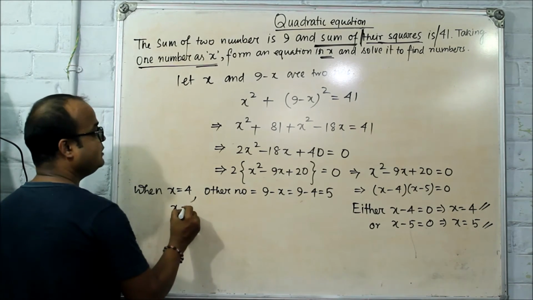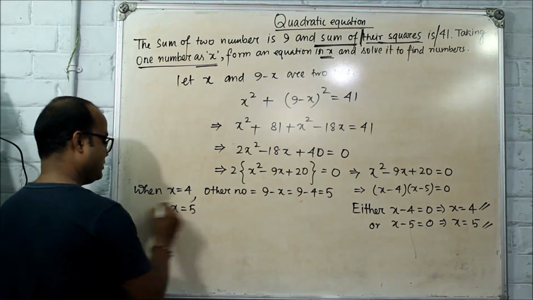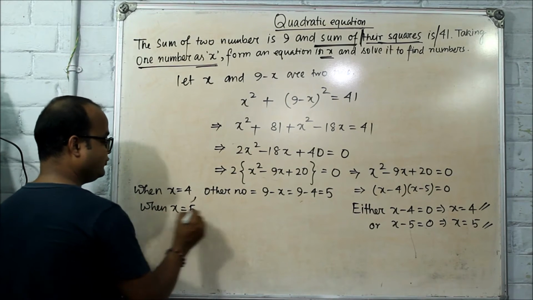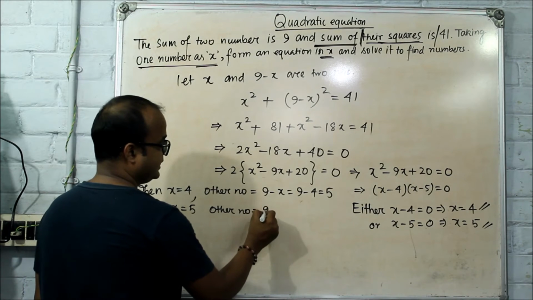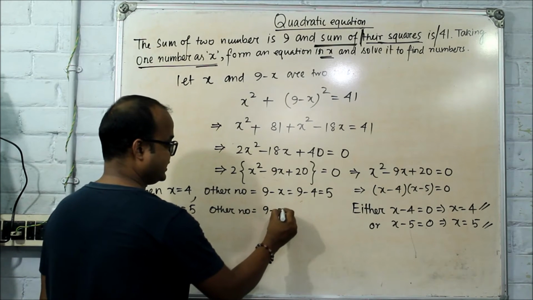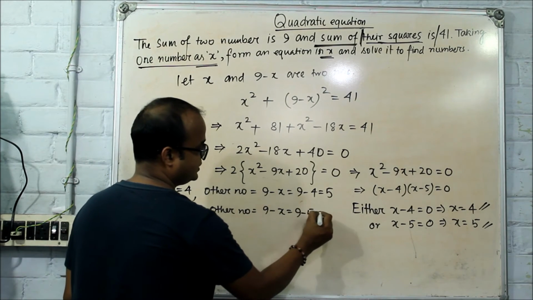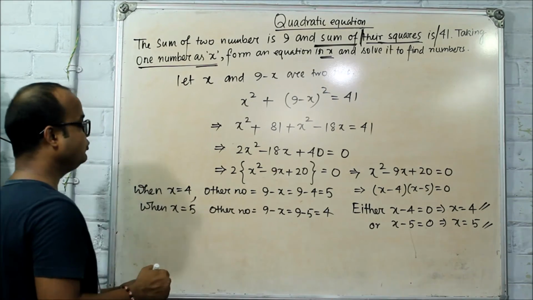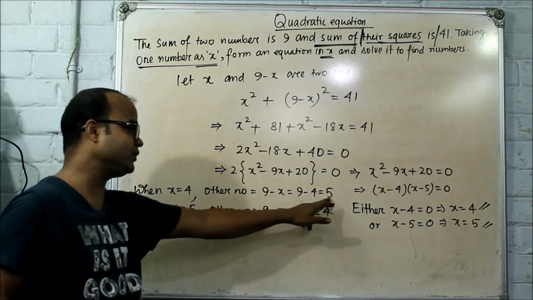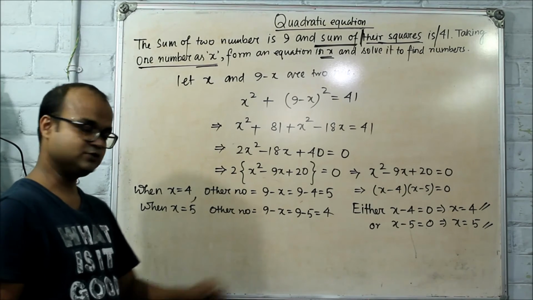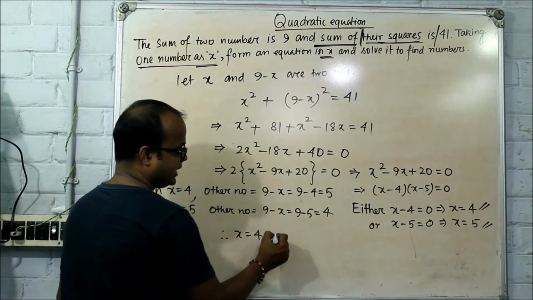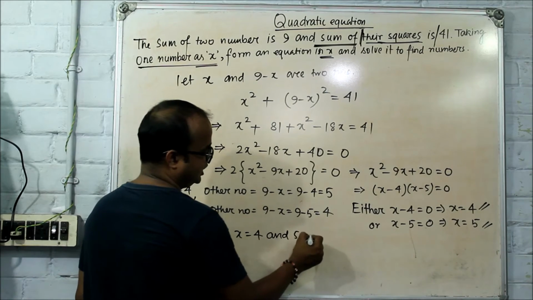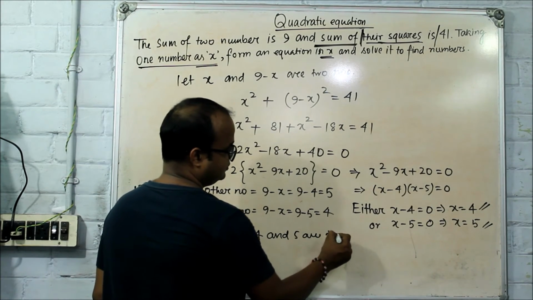When one number is 5, so when x is equal to 5, the other number will be equal to 9 minus x, that is 9 minus 5 is equal to 4. Now see, in both the cases you are getting 4, 5 or 5, 4.